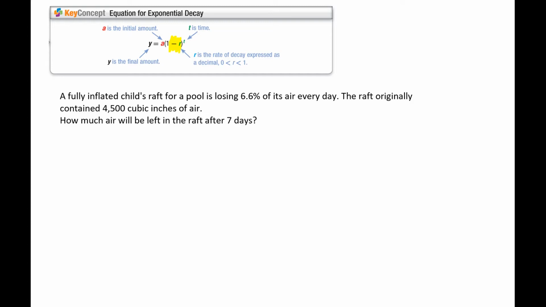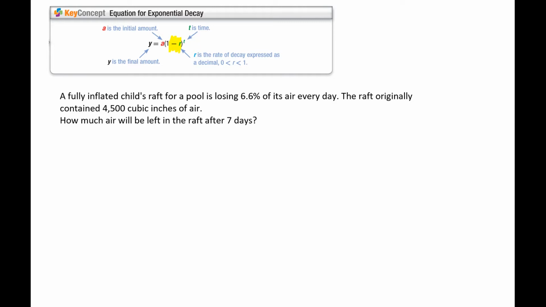Problem. A fully inflated child's raft for a pool is losing 6.6% of its air every day. I don't know who's measuring that, how they're measuring that, why on earth they're measuring that, but they are measuring that. The raft originally contained 4,500 cubic inches of air. That's how much volume of air was in that raft.